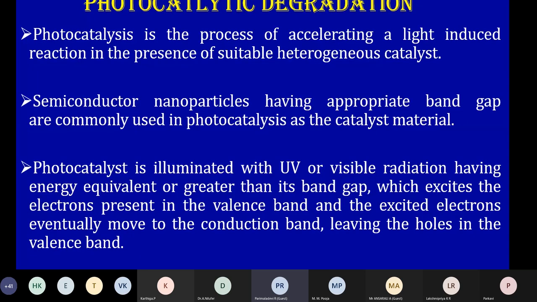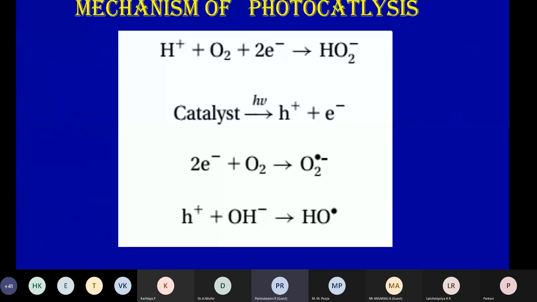When light is absorbed by that semiconductor material, it produces electrons and holes, and we should reduce that recombination. That is the mechanism in this photocatalyst. If you reduce that recombination, it will easily degrade the organic pollutant.